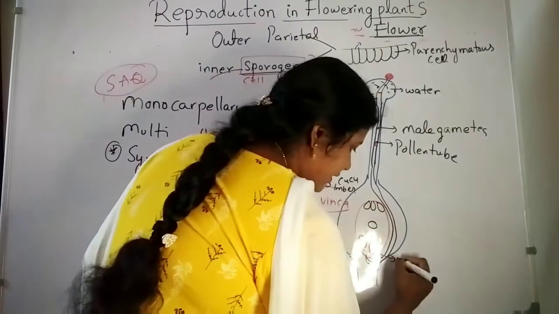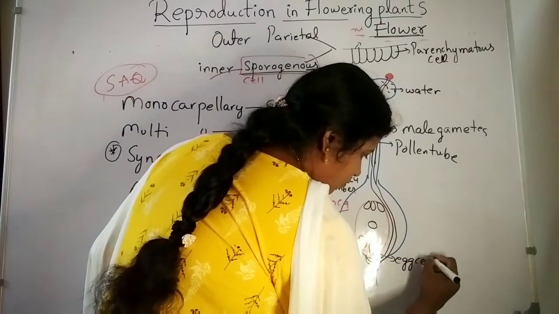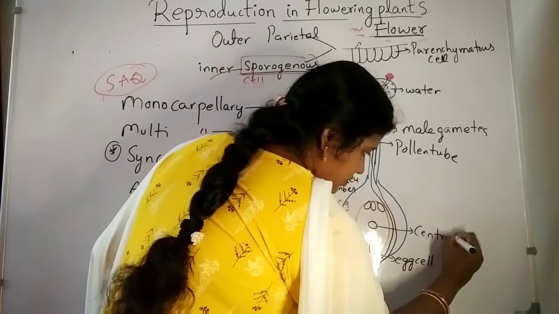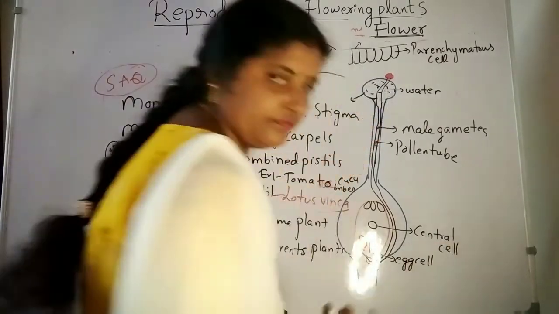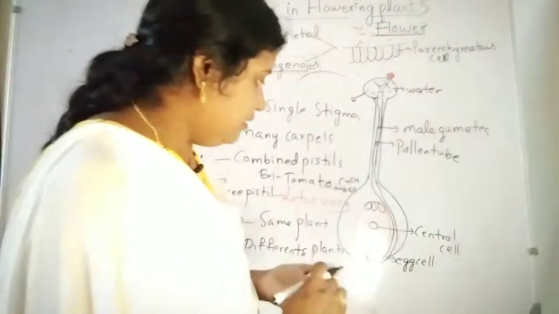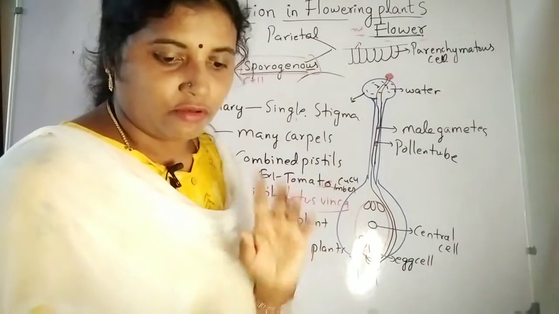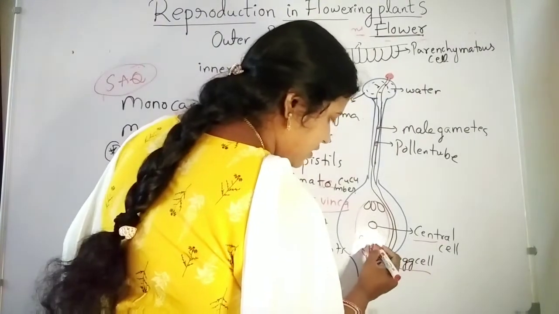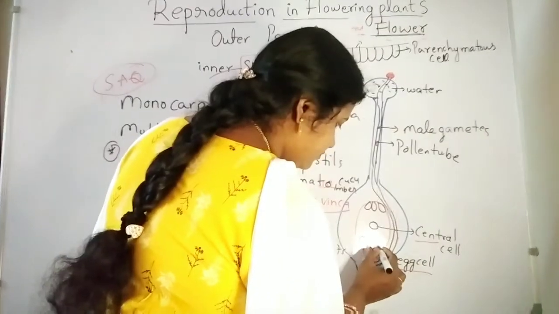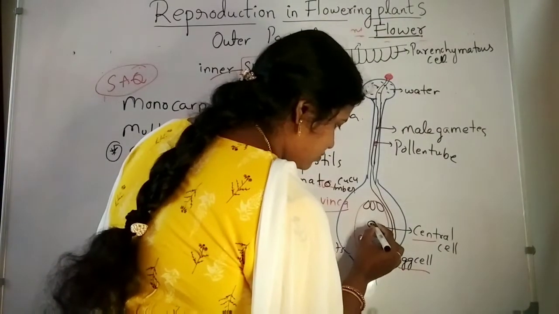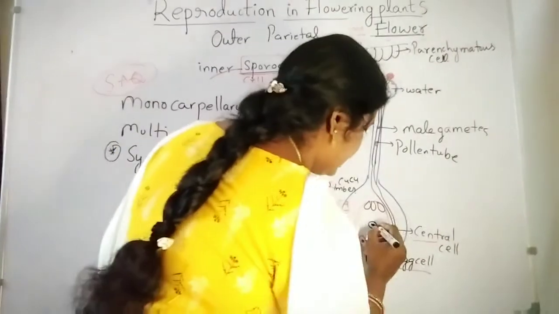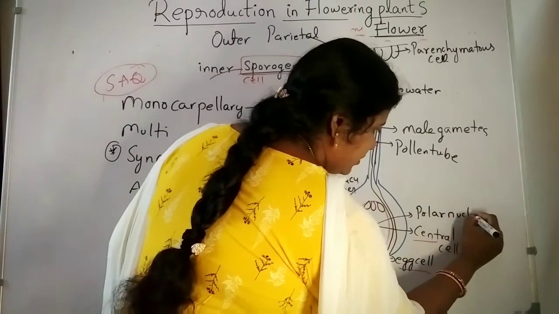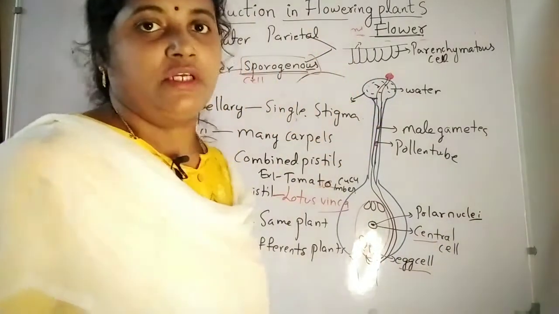Inside it contains the egg cell, and here it contains the central cell. Very important, very simple. So the ovary normally contains two types of cells, central cell and egg cell. The central cell has two nuclei, which are known as polar nuclei.